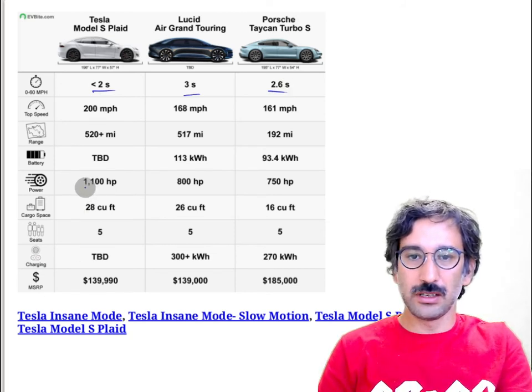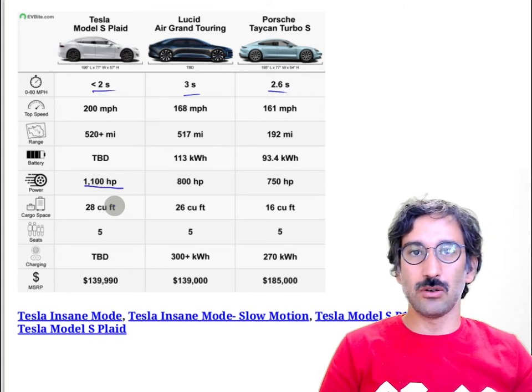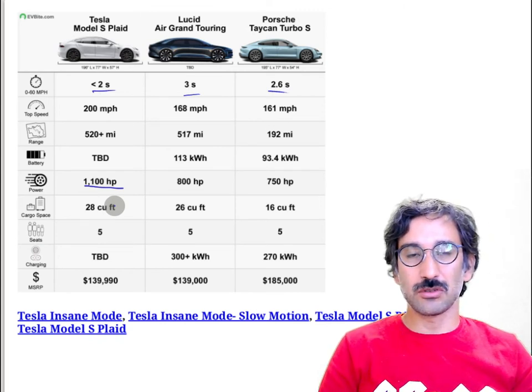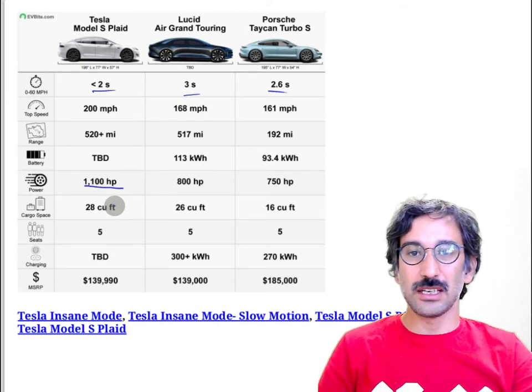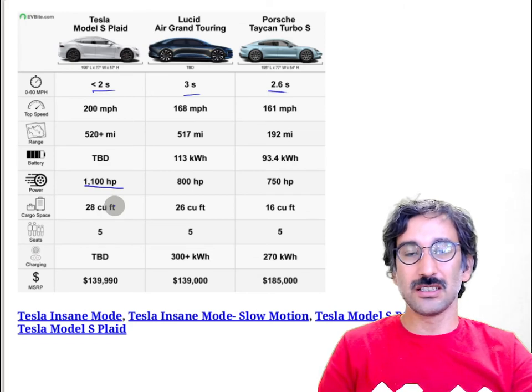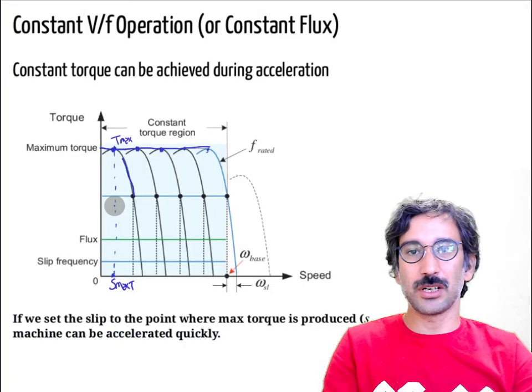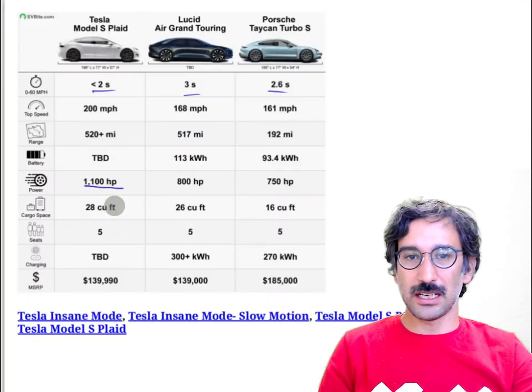And that power is, again, 1,100 horsepower. But the horsepower itself does not say anything. You can still beat the supercars, internal combustion engines, with electric cars, because of that constant V/F operation, that you can control the generated torque precisely.